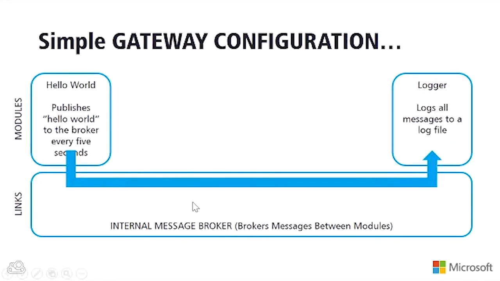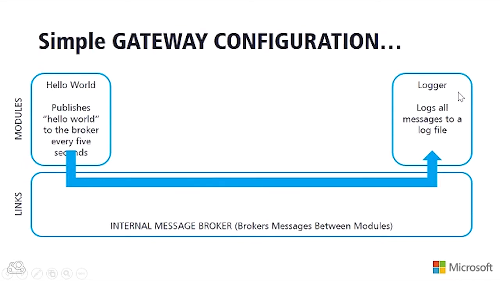This internal message broker in V1 is implemented using a messaging library called NanoMessage. It spins up this NanoMessage broker and then allows the other modules to receive or publish messages into that broker.